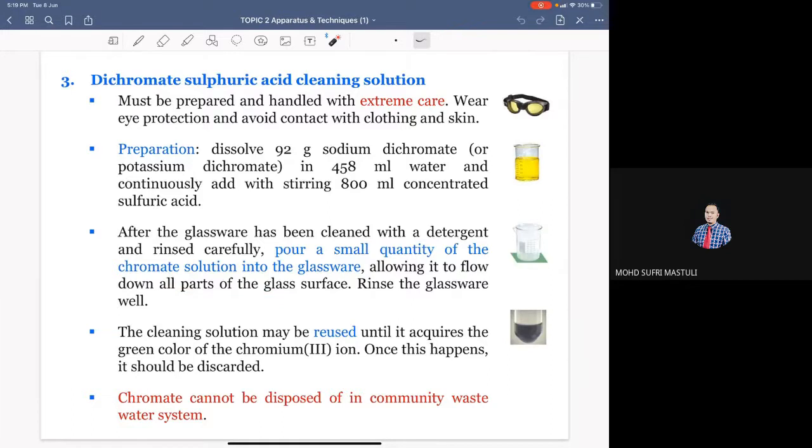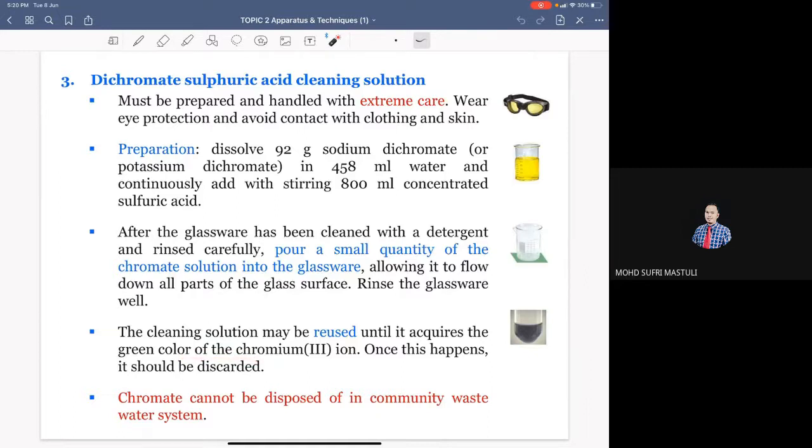And then we rinse well with distilled water. The cleaning solution, dichromate sulfuric acid, can be reused until it acquires the green color of chromium ion.